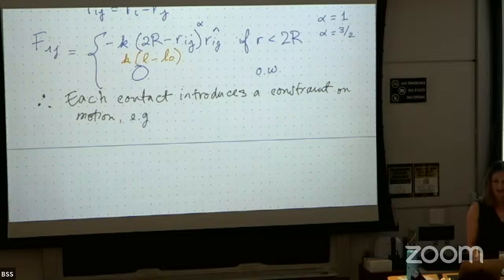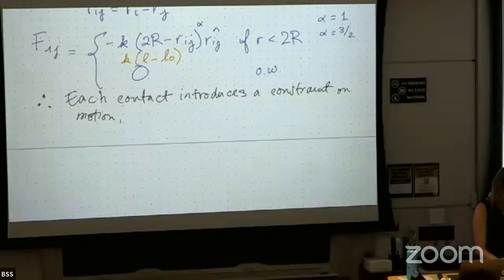Using English words, it costs energy to move them closer together, right? That's what this says. So let z be the number of contacts per particle. We'll use little z, the number of contacts per particle.